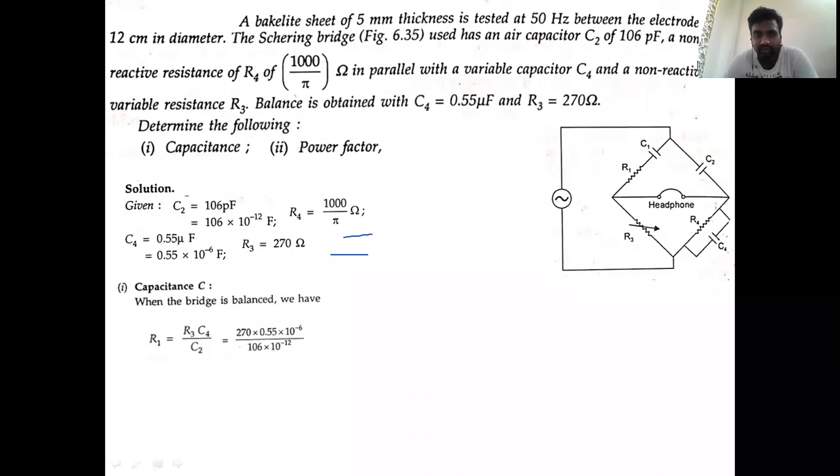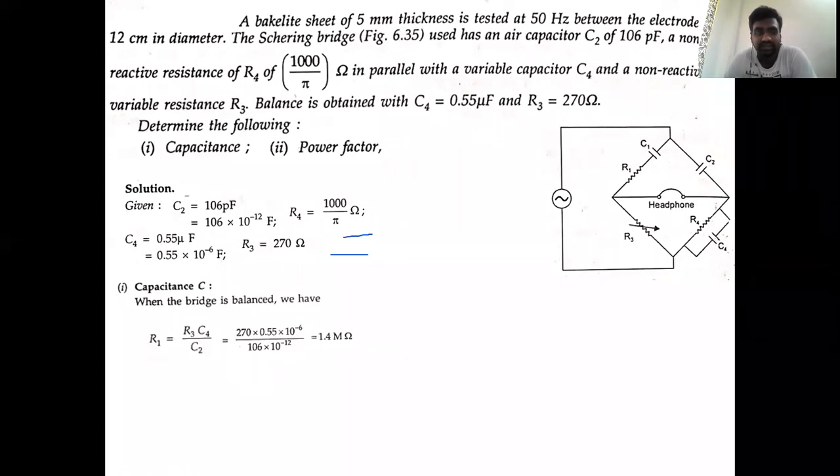Anyone? I got 1.32 into 10 to the power of 6. Let me check. The answer is 1.4 mega ohms.